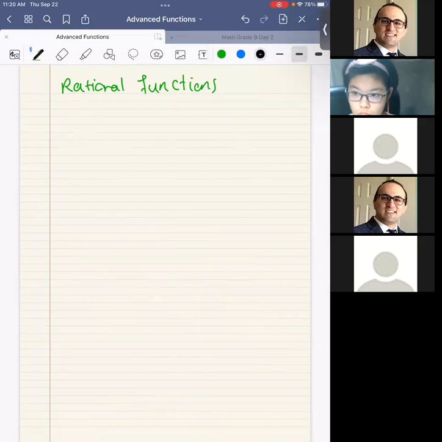A rational function is a division or a fraction of two polynomials.